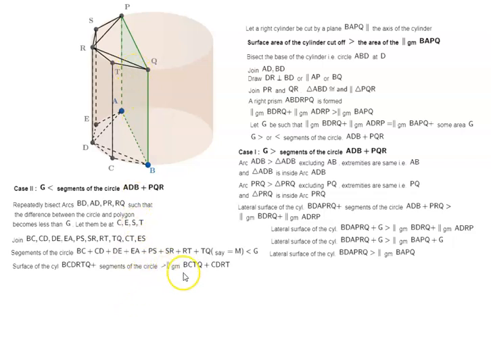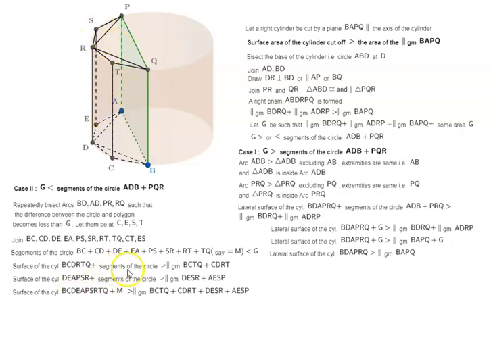segments of the circle is greater than the parallelogram BCTQ plus CDRT. Again, similarly, surface of the cylinder DEAPSR plus segments of the circle is greater than the parallelogram DESR plus AESP.